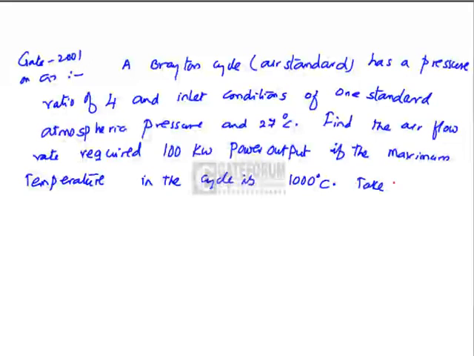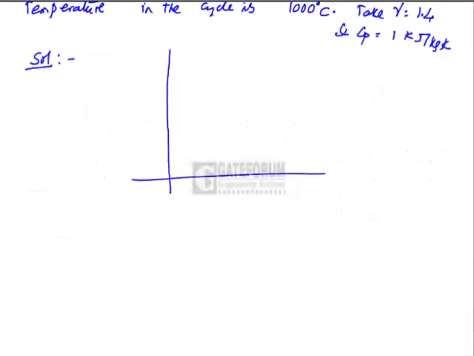Take gamma of air as 1.4 and Cp of air as 1 kilojoule per kg Kelvin. The solution to this problem is given like this. Now let us draw the Brayton cycle, ideal Brayton cycle on the TS plane.